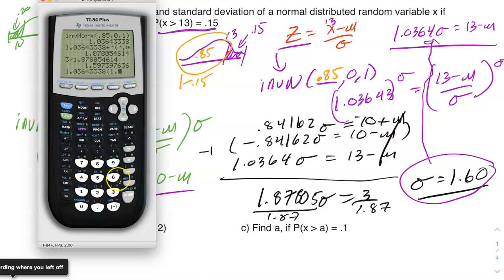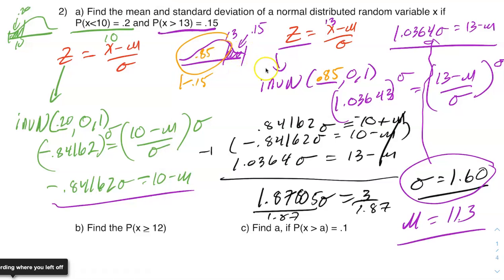Again, I'm using 1.6, so that is the answer I got, rounded. So 1.65 is going to be this guy. And then if I add mu to both sides and subtract that from both sides, I'll get my answer. So 13 minus this guy should be my answer, 11.3. So my mean is 11.3.